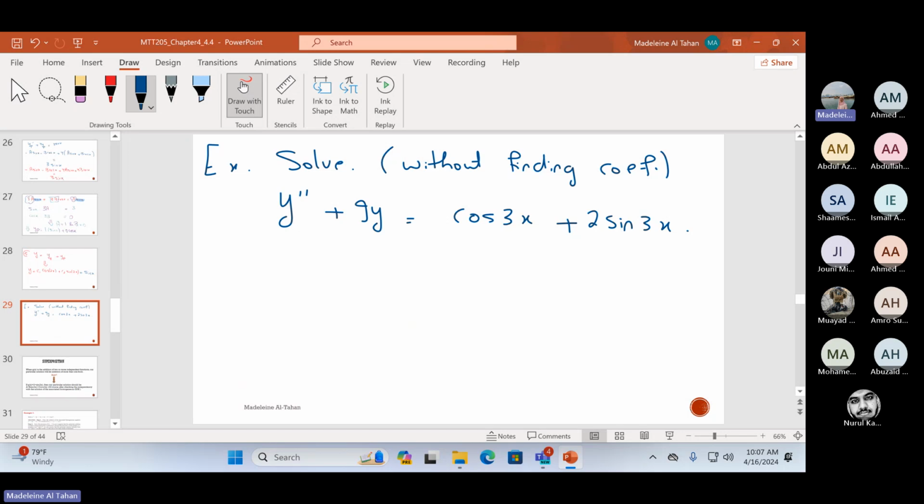Can I start with this question, miss? Here, without determining the coefficients, it means that keep the answer in terms of A and B. Please start with this question.